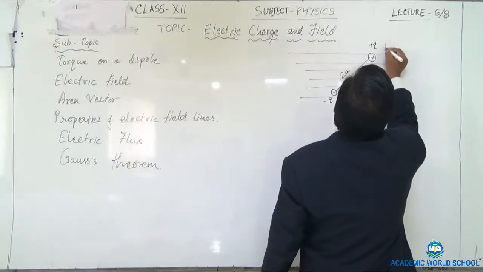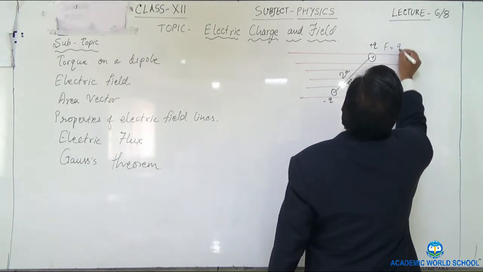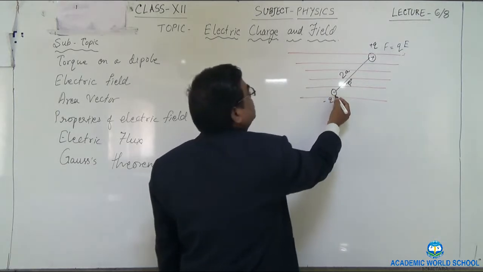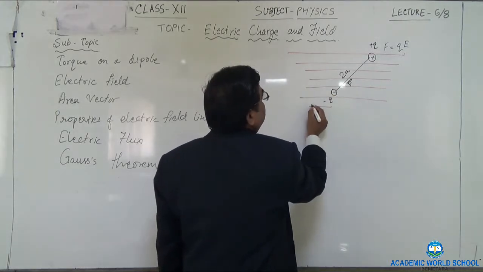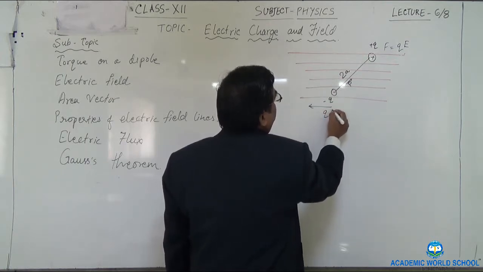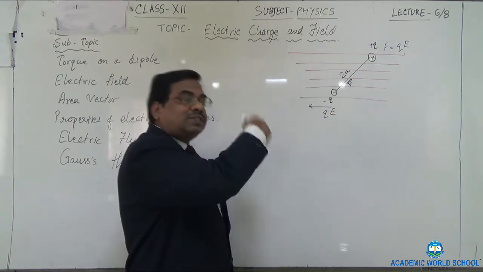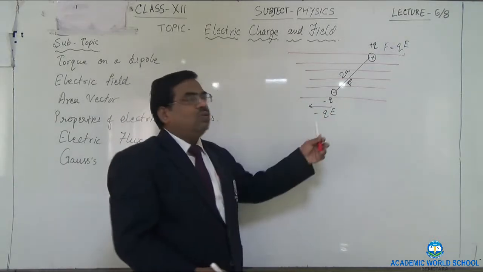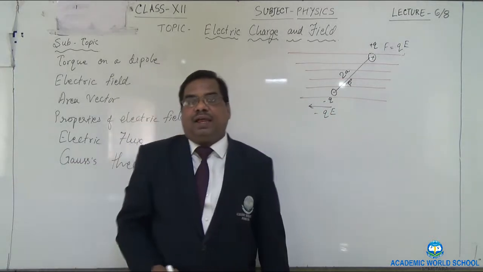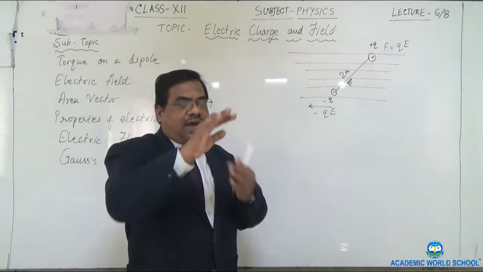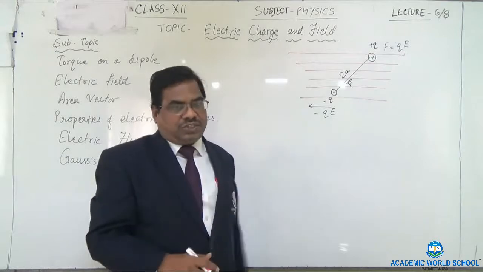This side the force is qE, whereas the force on the other charge is anti-parallel. It is qE but opposite in sign, minus. So the two forces are acting on the two charges in opposite directions.